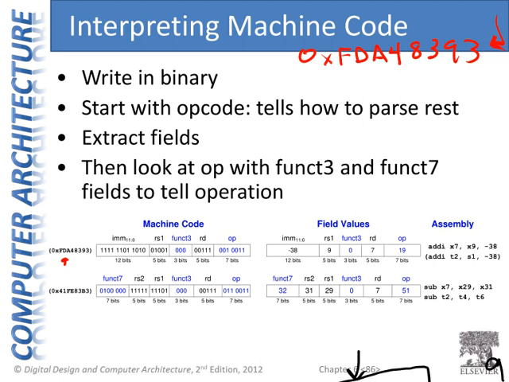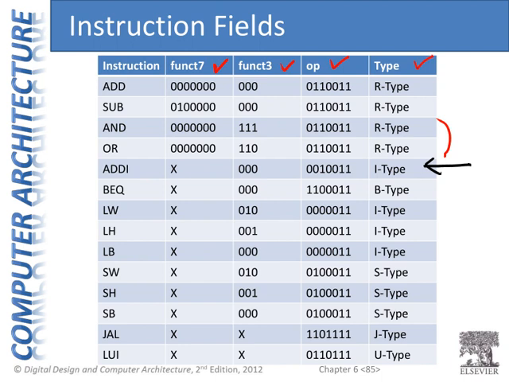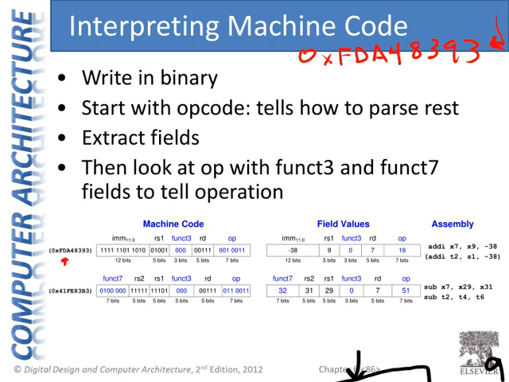Okay, so now I put it together, and I say, okay, this is an add immediate instruction. I know because of what? Because of this opcode. So add immediate, and the function field. So I go back to here and say, well, the ones I've shown you could only be an add immediate, but verify that the function field is correct.